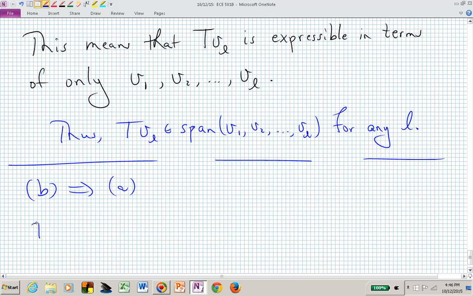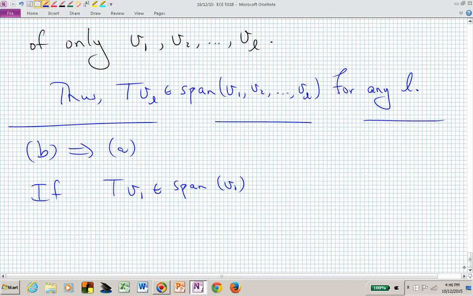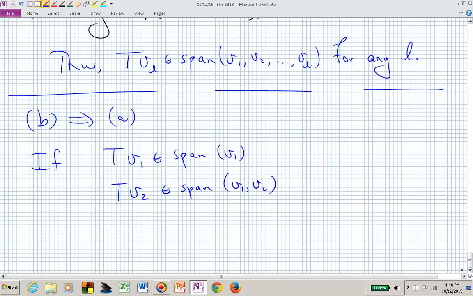We're given now that T v1 is contained in the span of V1. That's in our statement B. Statement B also says that T v sub 2 is in the span of V1, V2. And that just keeps growing.